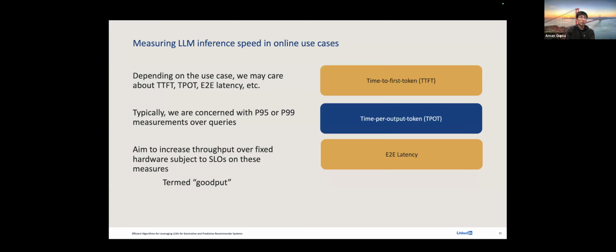Beyond just averaging performance, percentile metrics like P90 or P95 latencies are also vital, because in online services the worst-case delays often define the user experience. The ultimate goal is to increase throughput over fixed hardware or resource capacity, subject to service level objectives, or SLOs, on these measures. We term the satisfied requests goodput. Now that we have the fundamental metrics we care about, let's dive deep into how to optimize them.